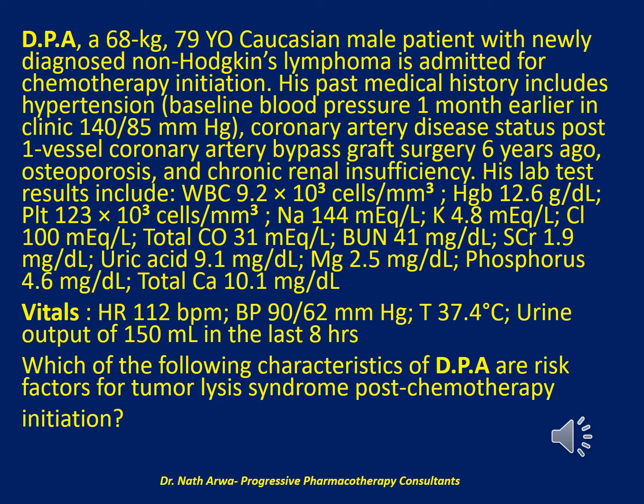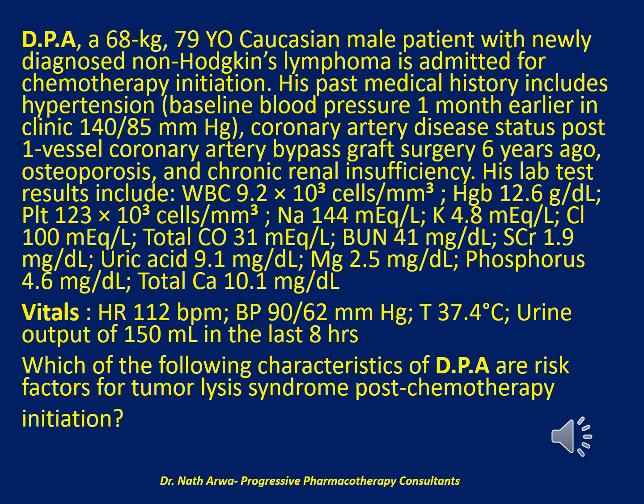His pertinent vitals include a heart rate of 112 beats per minute, a blood pressure of 90 systolic 62 diastolic, a body temperature of 37.4 degrees Celsius, and a urine output of 150 milliliters in the last 8 hours.